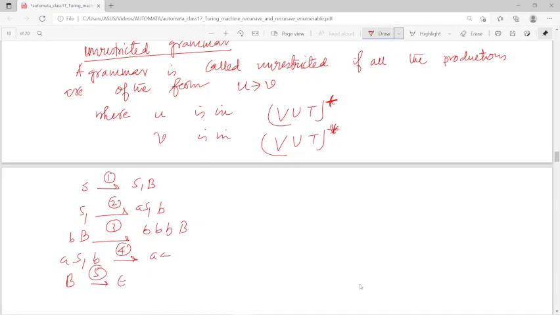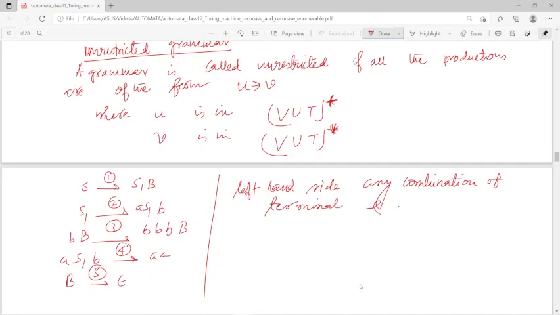That means the left hand side is any combination of terminal and non-terminal, other than epsilon.